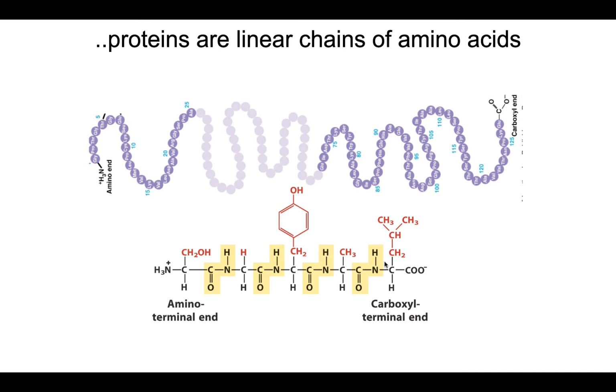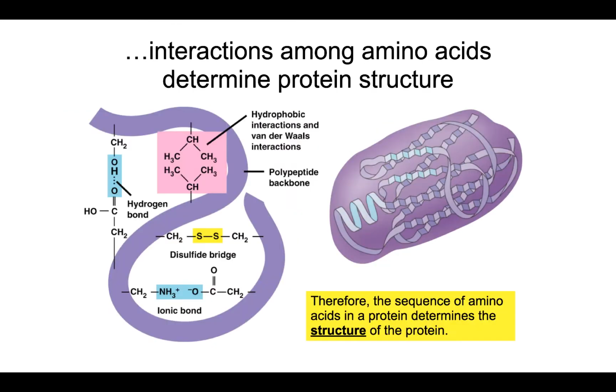Okay, and that is our polypeptide, which will then properly fold to accommodate all of the various weak interactions amongst the R groups of the amino acids. We have hydrogen bonding, we have hydrophobic interactions, there are ionic interactions, and that protein is going to fold in a very specific way. So let's take a look at the logic here.